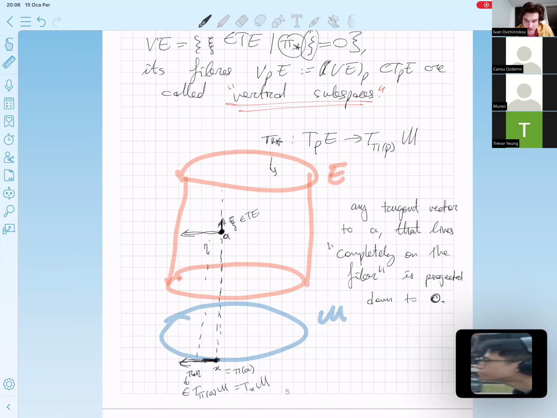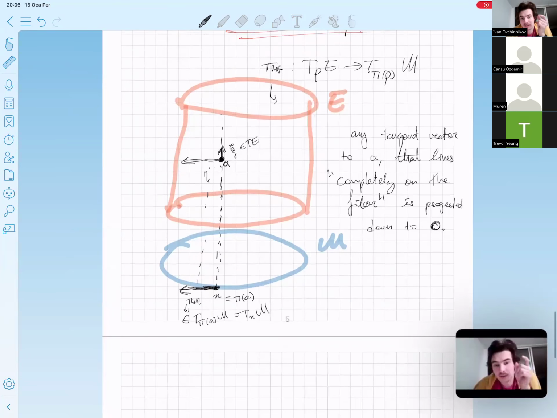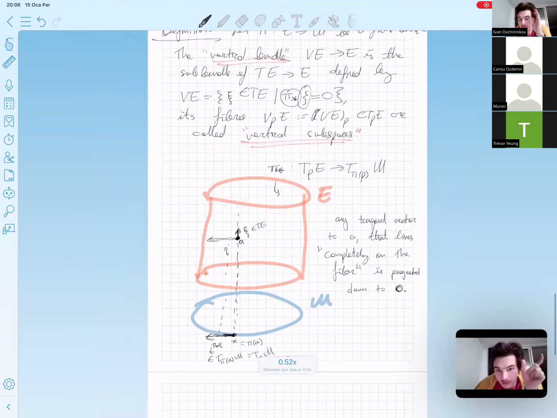Do I have anything else to say on this? Yes, so I'll add a few comments. The important thing is the vertical bundle. This is a sub-bundle of the tangent bundle of E. So you look at E and you look at all the tangent vectors to it, and then you only look at the ones that are tangent along the fiber.